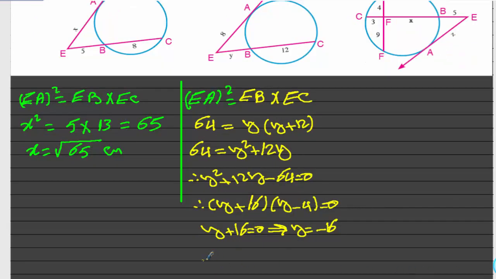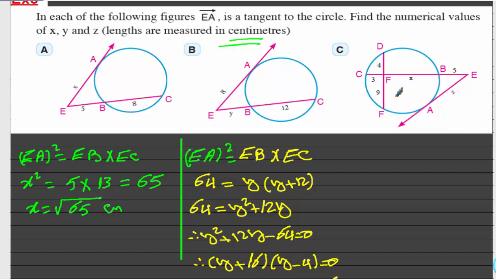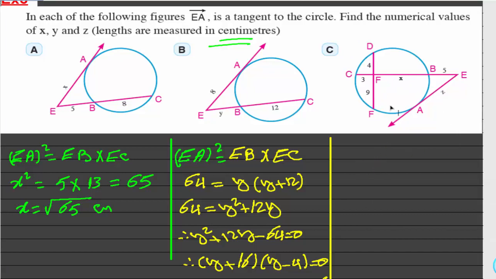Or Y minus 4 equals 0 implies Y equals 4 centimeters.